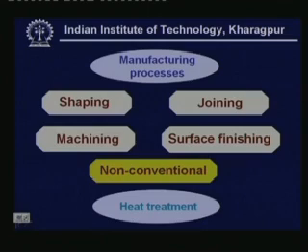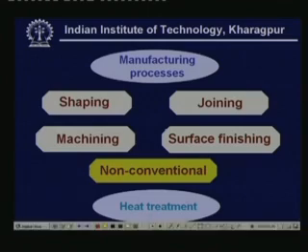And over and above there is one called heat treatment. What is this heat treatment? Whatever the machine element you manufacture by all these methods can ultimately go through a heat treatment process to increase its material properties. So, that is a heat treatment process.